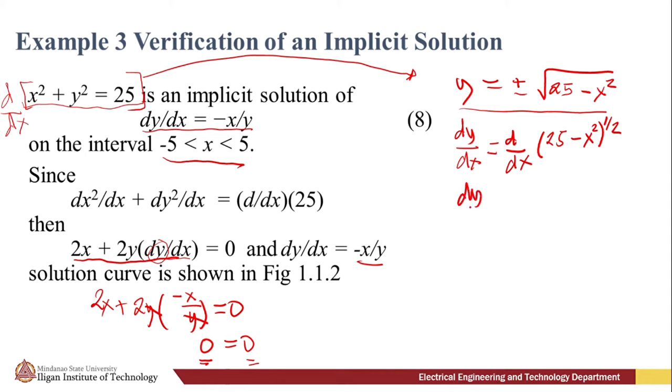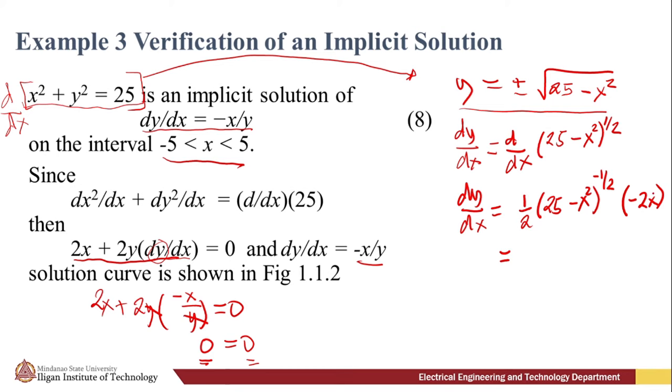So our dy over dx is equal to 1/2 times 25 minus x squared raised to negative 1/2 times negative 2x.